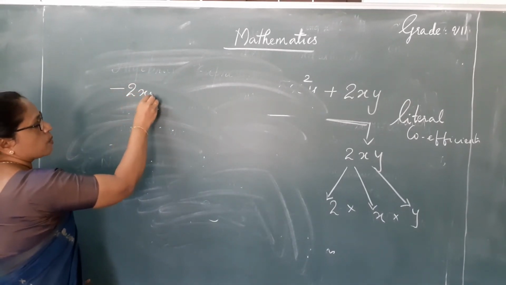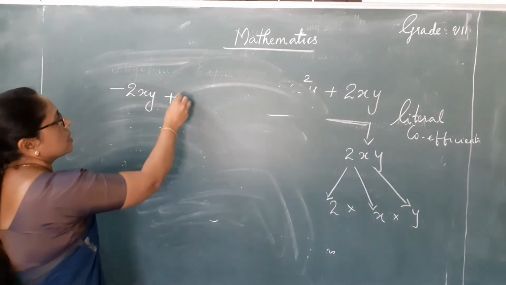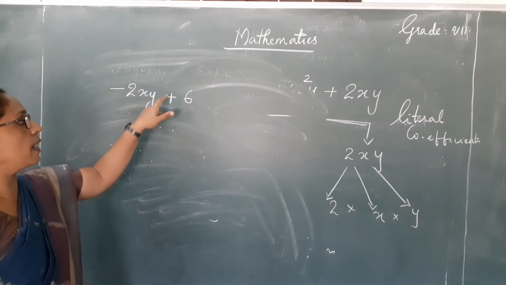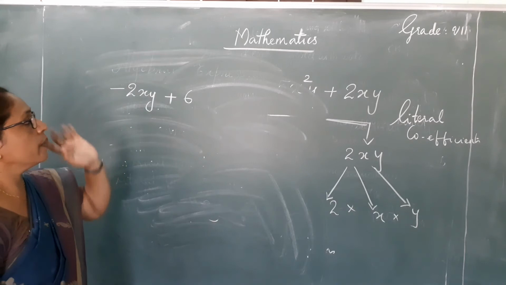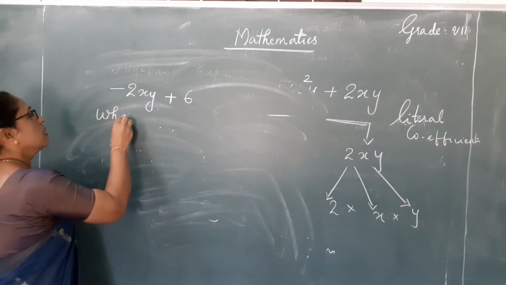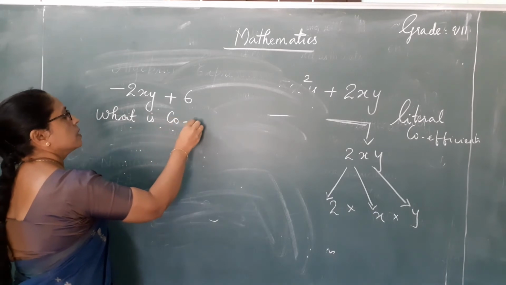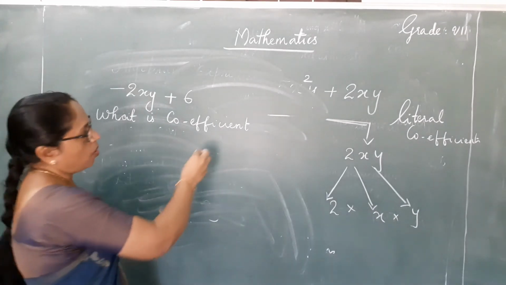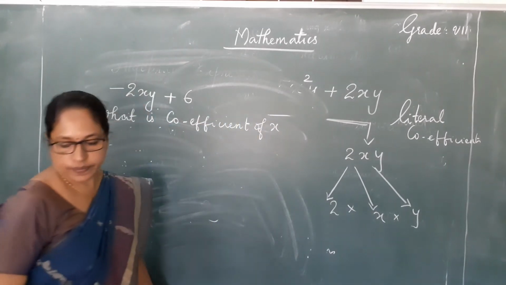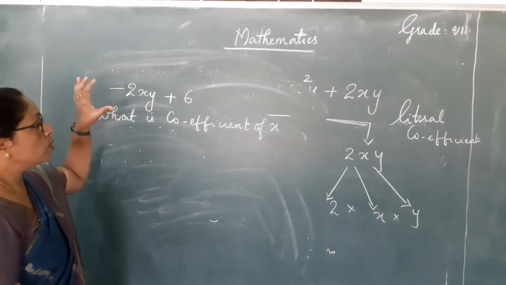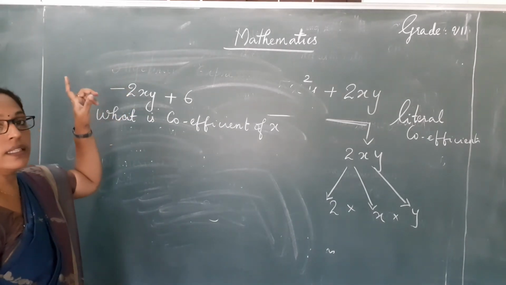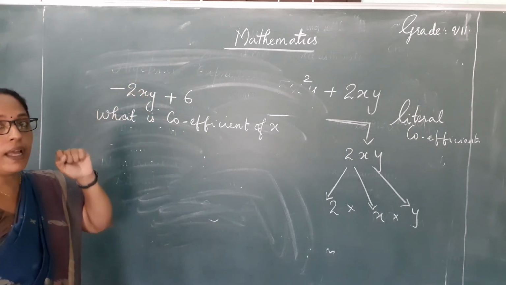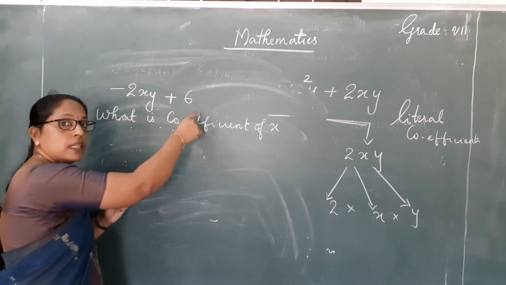Look at this algebraic expression, minus 2xy plus 6. The question is, what is the coefficient of x? You have to look at the term which contains the variable x. How many terms are there in this expression?